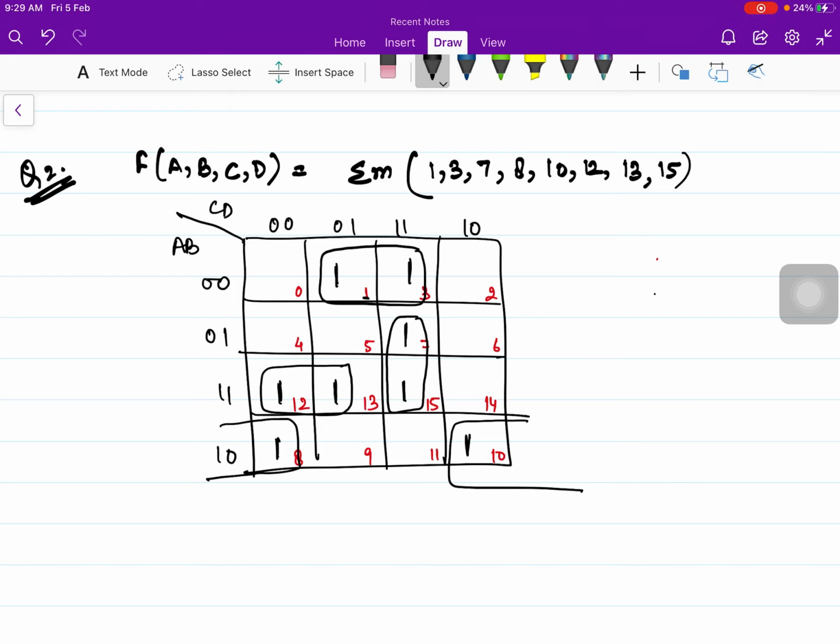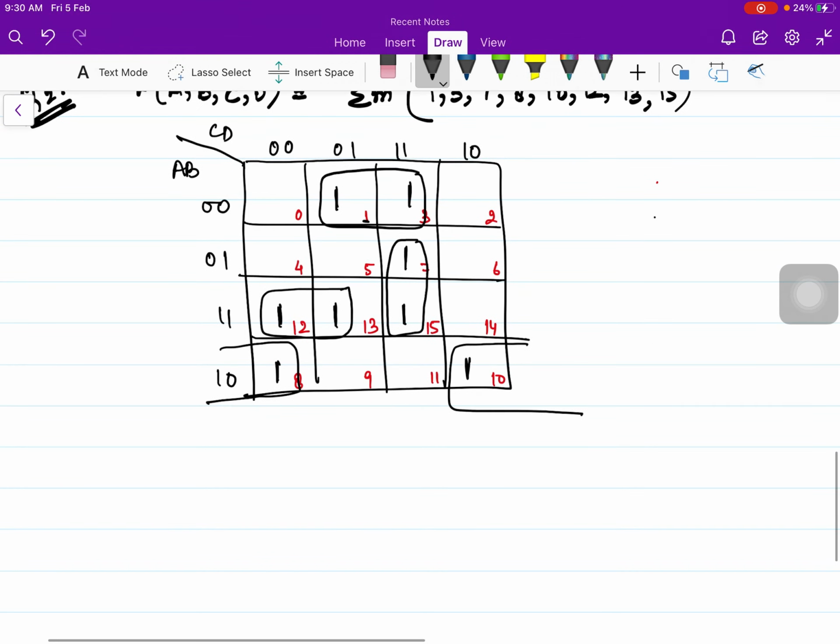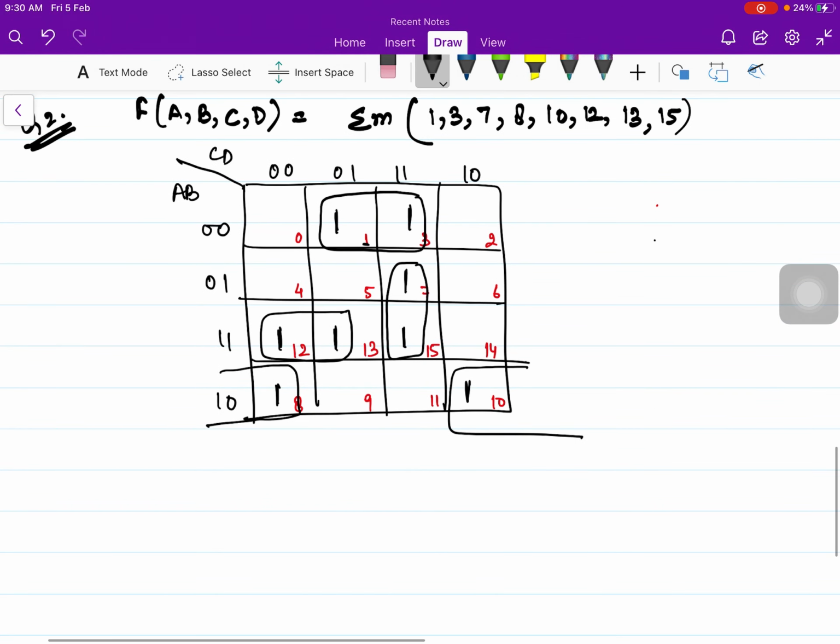So make this one. So in this manner you will be able to remove the redundancy. If you are not left with any bigger group, you need to only search for those ones which can be grouped in only one manner. Keep this technique in mind.